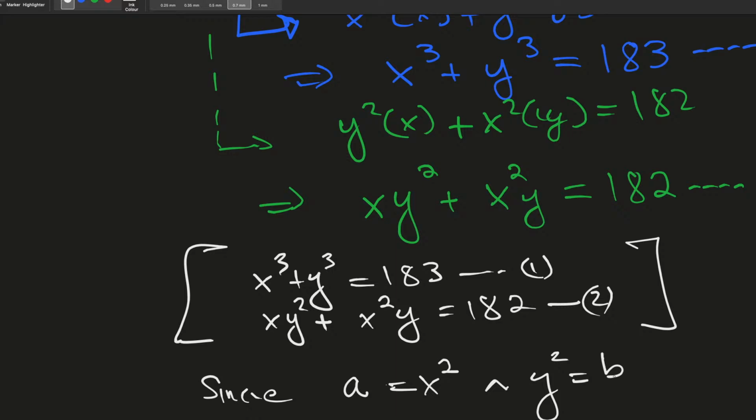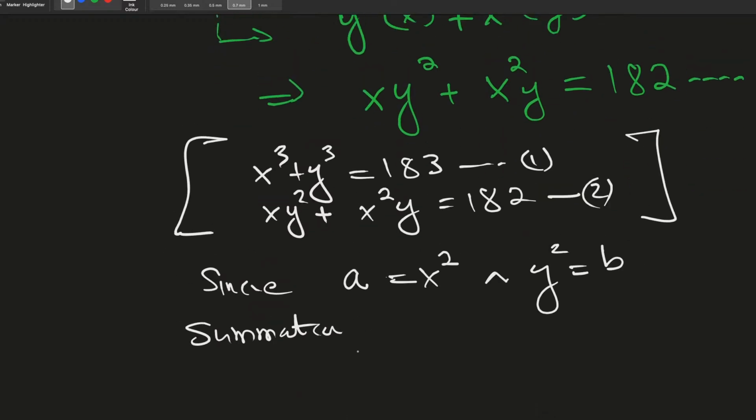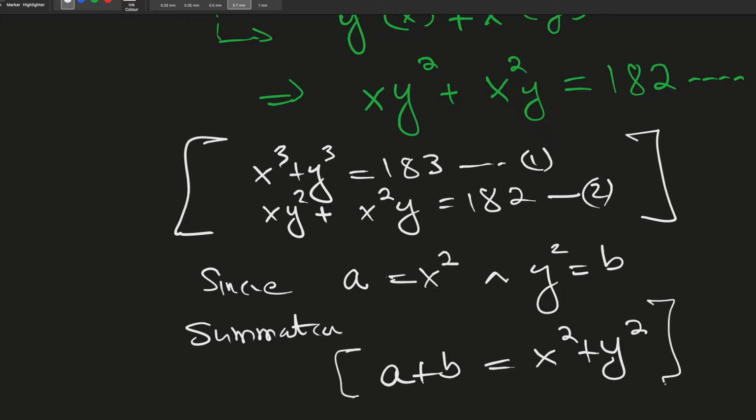You know for sure the summation of the two will give us a plus b equal to x squared plus y squared, which is another equation we have derived. So let's put this equation also aside. We see gradually we are making things easier for ourselves. All we have to do is to think ahead.